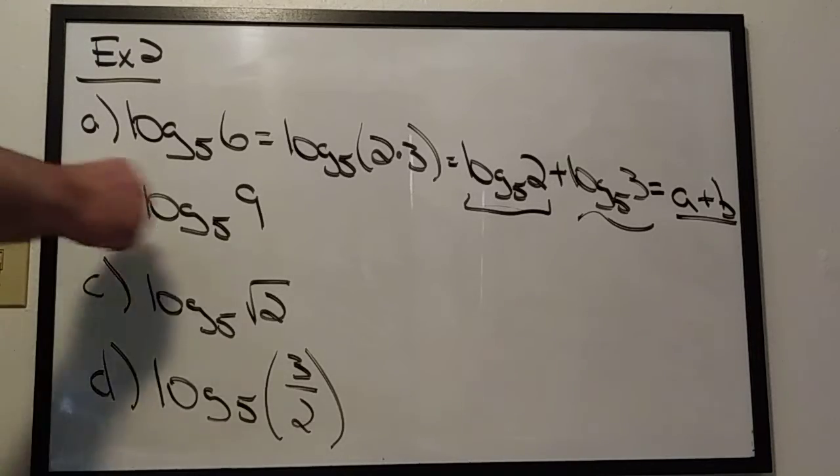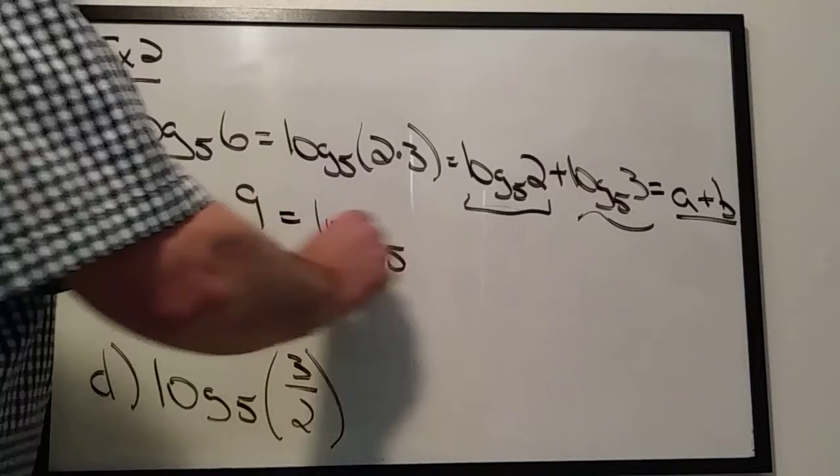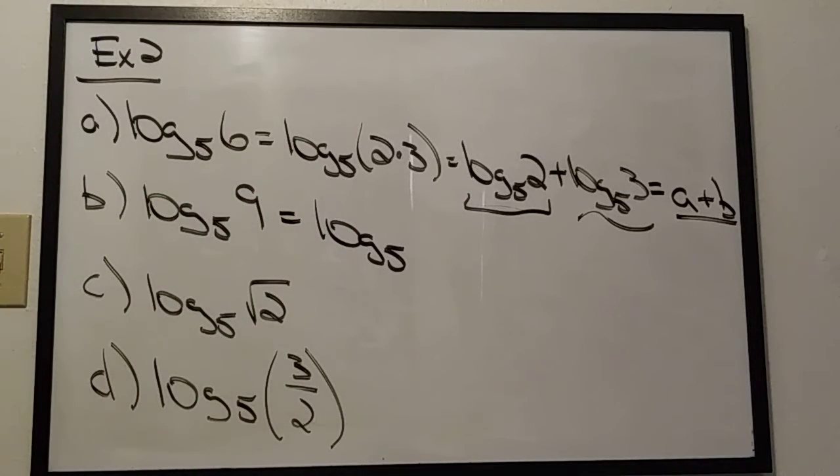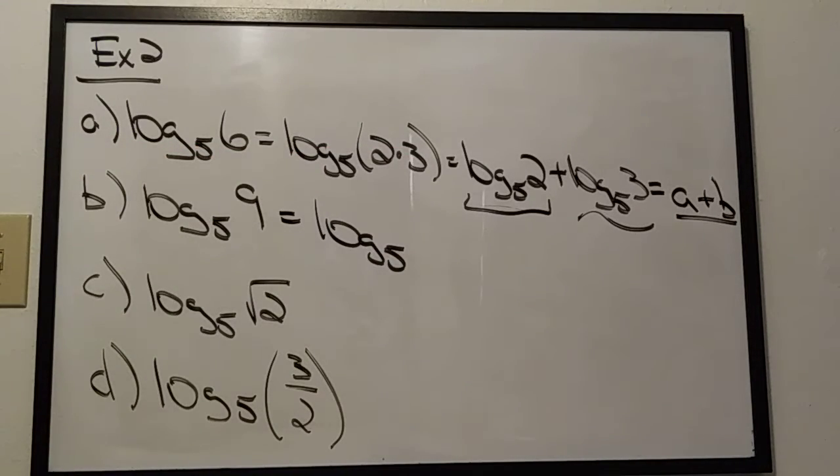Okay, let's check out log base 5 of 9. What kinds of things can I do with 2's and 3's to make a 9 happen? There are a couple of different things I could do. Some of you might say, oh, 9 is 3 times 3. And if I did 3 times 3, I could just repeat the process that we did in A. So log base 5 of 3 times 3 becomes an addition problem and I can move forward.